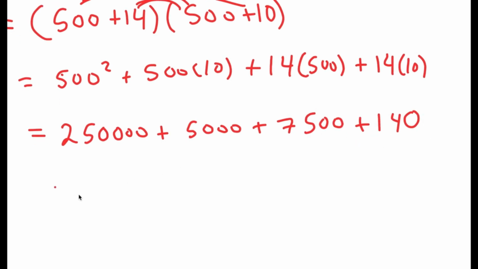So now all I have to do is simply add these up. So I get 250,000 plus 5,000 plus 7,500 is 12,500.